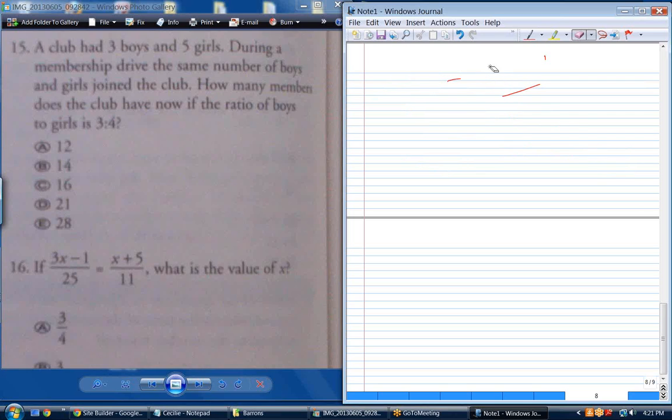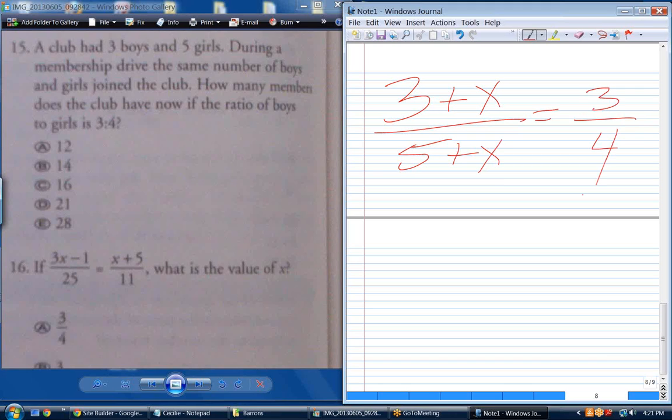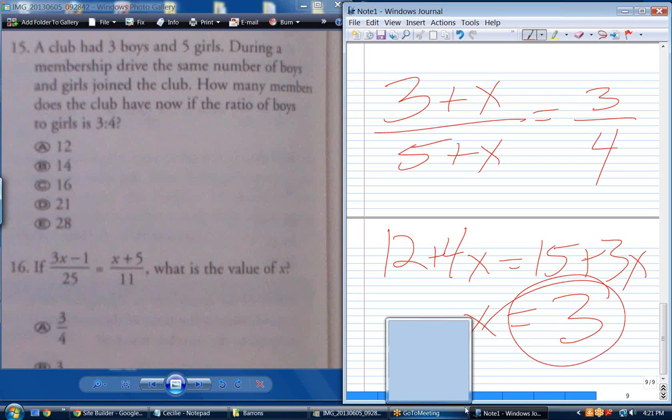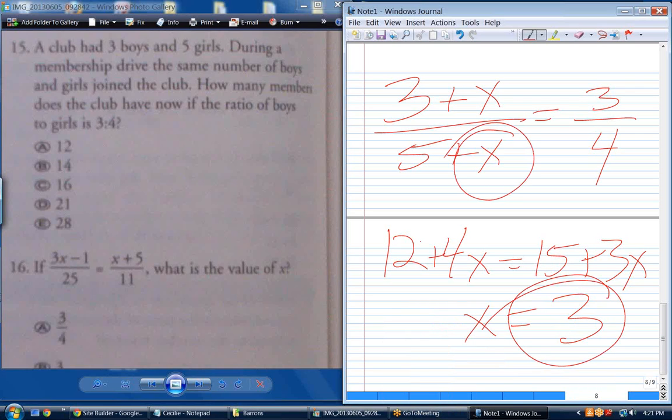And algebraically, we could say 3 plus x over 5 plus x has to equal 3 over 4, with x being the number of members that joined. So now if we cross multiply this, we get 12 plus 4x equals 15 plus 3x, x equals 3. 3 boys joined and 3 girls joined.